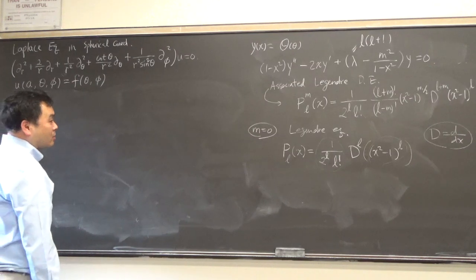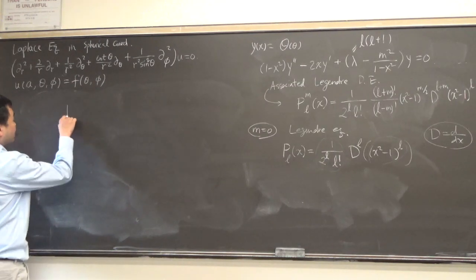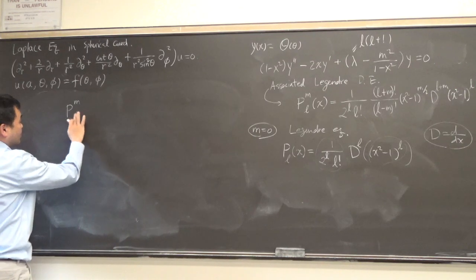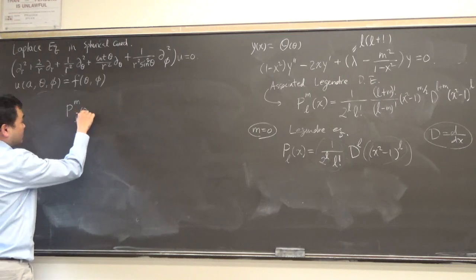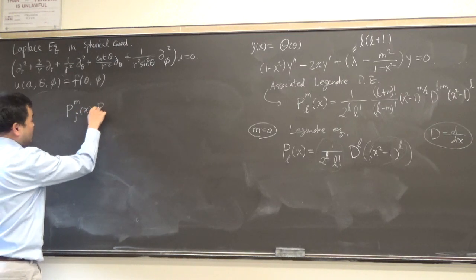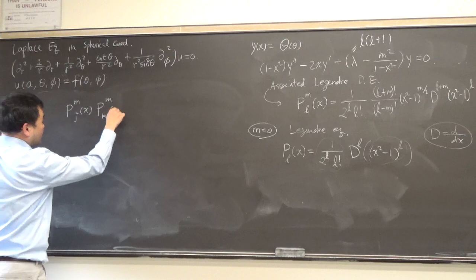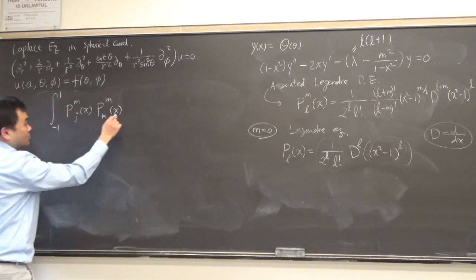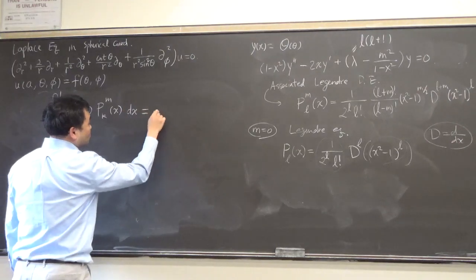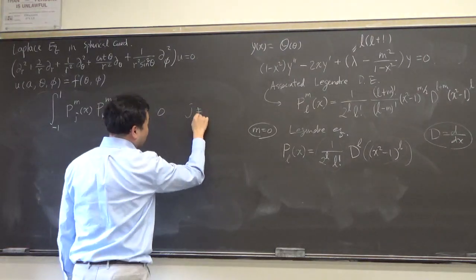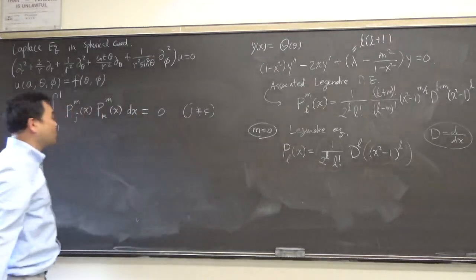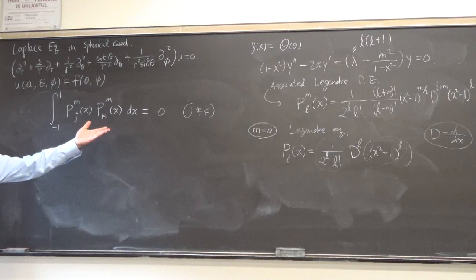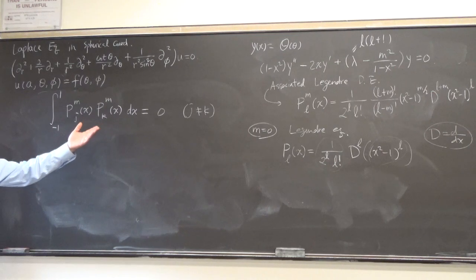Okay. Another thing is that if you have the same m, and let's say you have Pj^m(x) Pk^m(x), and if you integrate from -1 to 1 dx, this will be 0 if j and k are not the same. So, in other words, you get an orthogonality result. Okay?